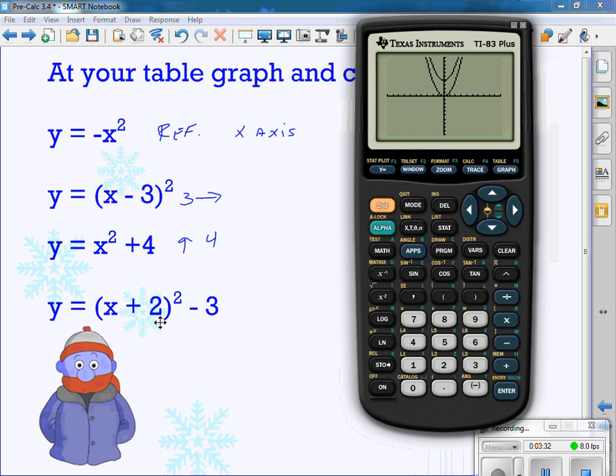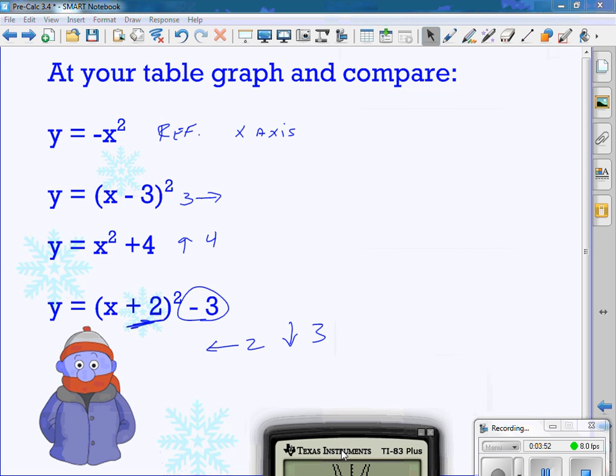Signs don't change. What happens with this one now? Moves to the left, how many places? 2, and down 3. Moves to the left 2, down 3. You shouldn't have to grab the calculator to look and tell me how things are going to be transformed.